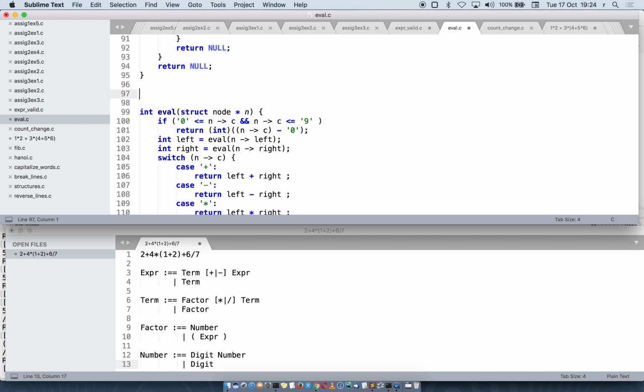Okay? So we are accumulating the result. But actually, I shouldn't just call it result, let's call this value. So now we have the number, but we don't have the node. So we're going to create a node.